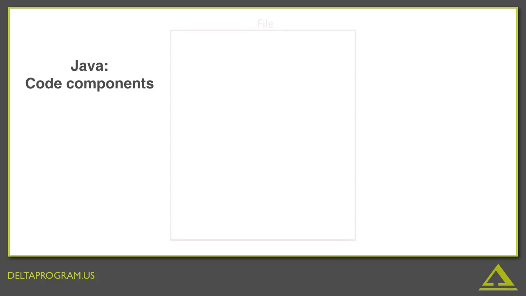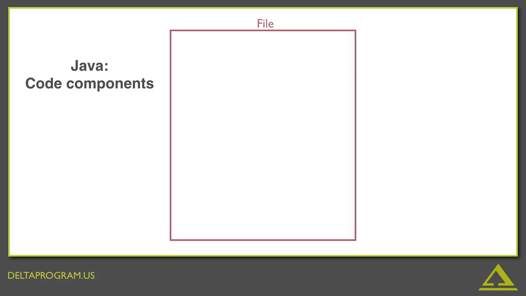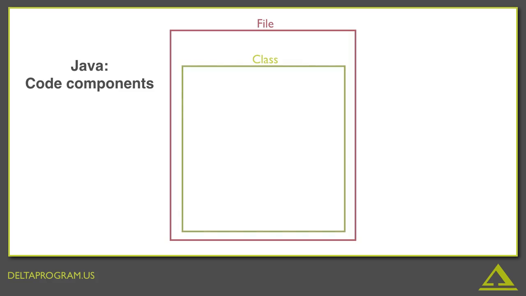We start with a file. A file is for storing specific functionality related to something your application is going to do. Each file contains a class that will, by convention, carry the same name as the file. Now, classes are one of the coolest parts about Java, or any other language we would refer to as object-oriented, but we're not going to get into them right now.